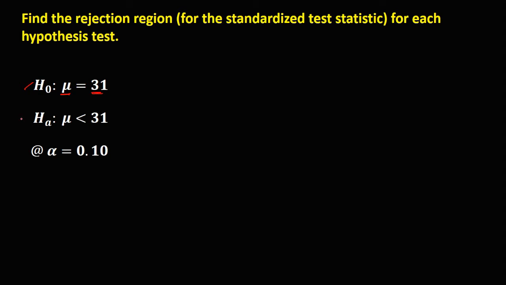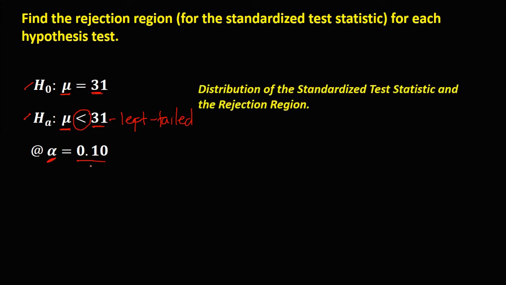And for the alternative hypothesis, that's H sub a, we need to test if the hypothesis mean is less than 31. Since this one is less than, therefore it's left-tailed. And our level of significance, that's the alpha, is 0.10.